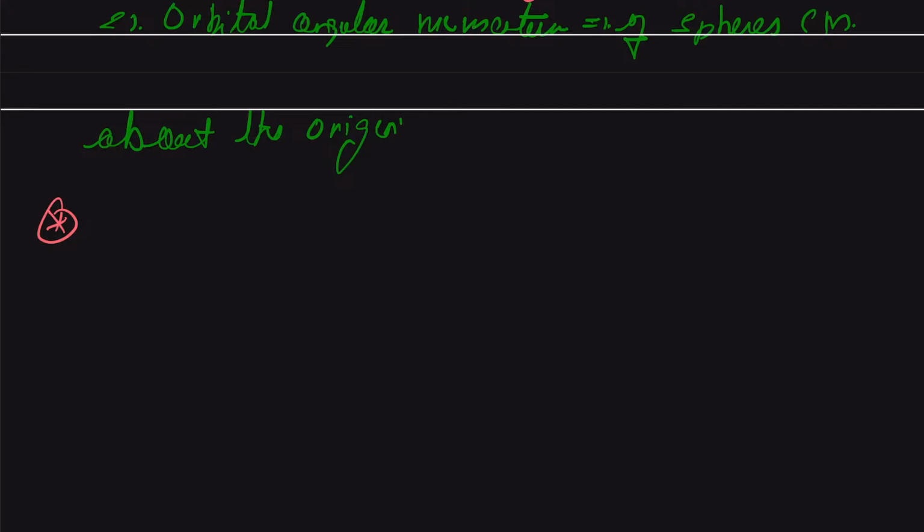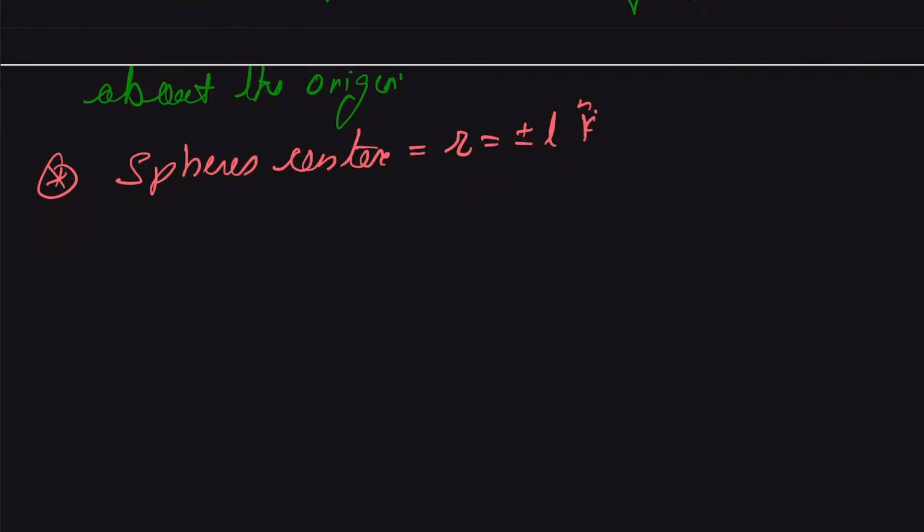We know that the sphere centers are at distance r, equal to plus or minus L k unit vector, and we are also given the angular velocity omega.